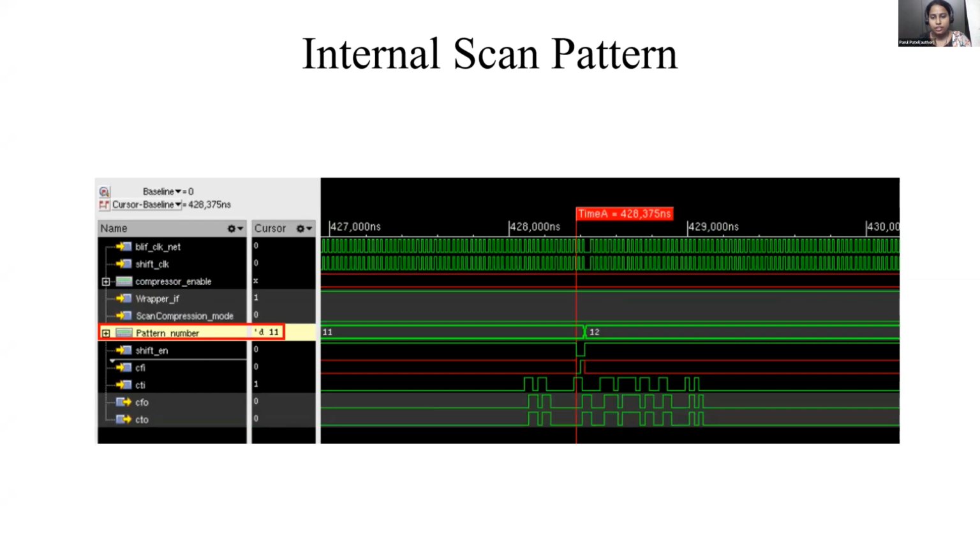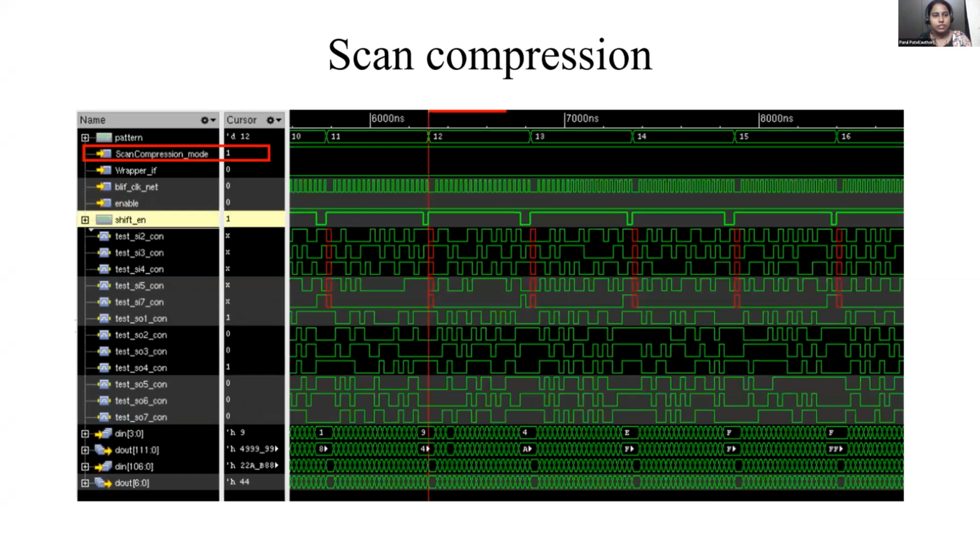Here you can see whatever patterns are generated, and it gives us a feature to see the pattern count. You can see CFI, CTI, CFO, CTO: CFI is functional input, CTI is test input, CFO is functional output, CTO is test output, and how they toggle as per the patterns. This is the shift enable pin that I told you about in the first part, which selects whether it acts in test mode or functional mode.